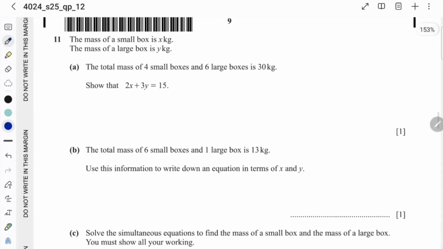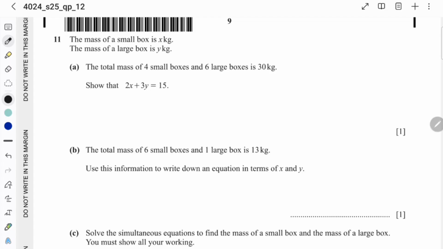Question number 11. In question number 11, the mass of a small box is x kg. The mass of the large box is y kg. The total mass of the 4 small boxes and 6 large boxes is 30 kg. Show that 2x plus 3y equals 15. Alright. So a small box is x kg.